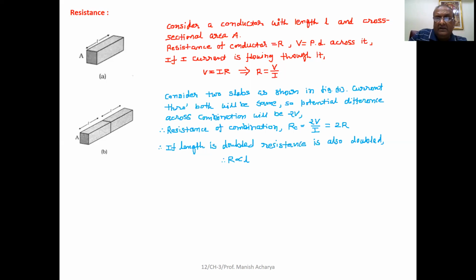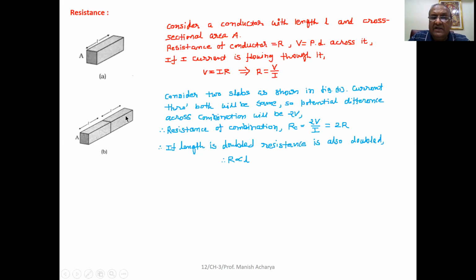Or experimentally you can observe this: if the same potential difference V volt is applied across these two ends, then the current flowing through this combination becomes half.